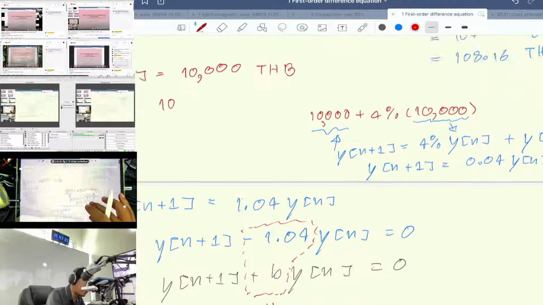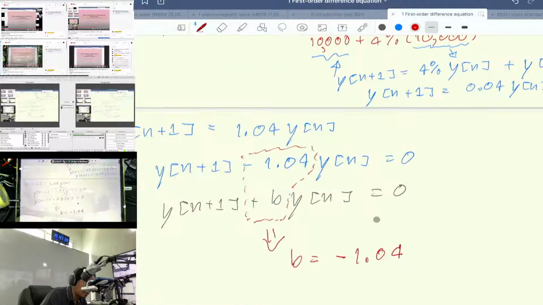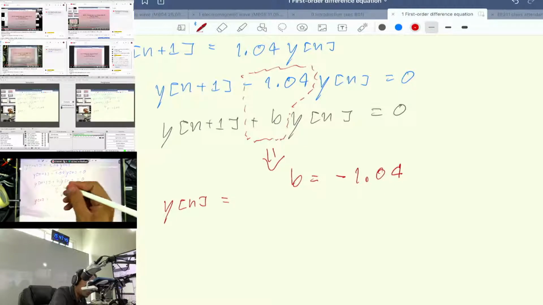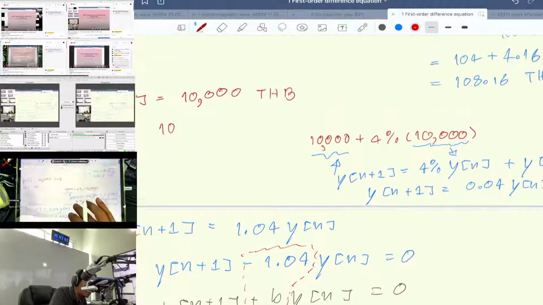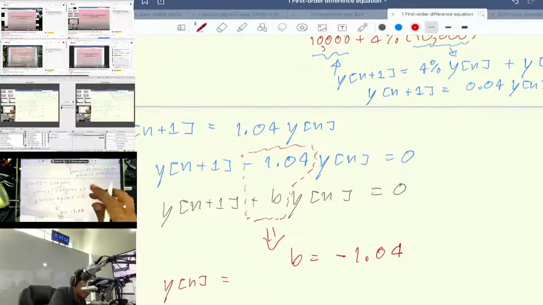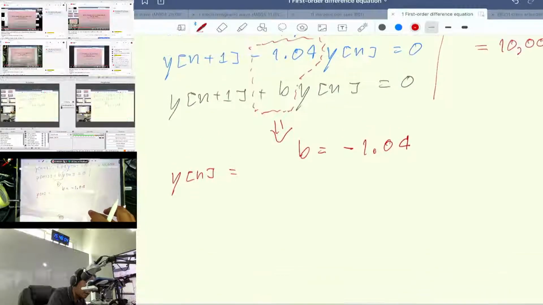And once you know the value b, you can use this result, right? The result will be yn equal to k, which is y0. You know that k is y0. The initial amount is 10,000, right? So k is 10,000.